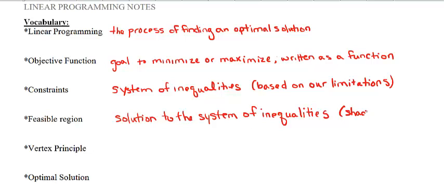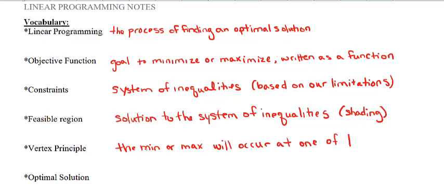Once we do that, the vertex principle says that the minimum or the maximum will occur at one of the vertices, or the vertex or the corners of the feasible region.